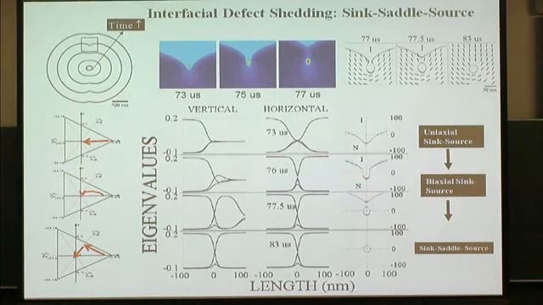So I have a sink to a source going through biaxiality because of the presence of a topological defect. And at some point, here is my disclination, my interface is here. If I move through the disclination and through the interface, I'm going to have a sink-saddle-source path on this triangle, which then describes defect shedding from an interface.